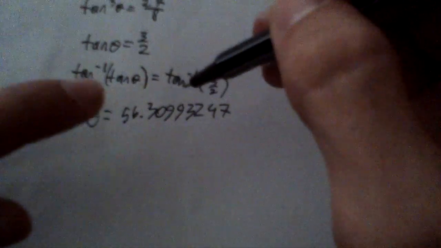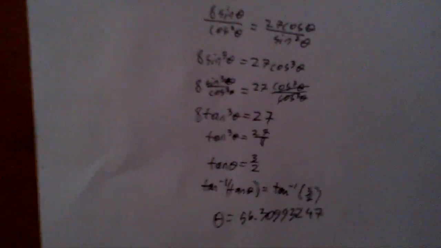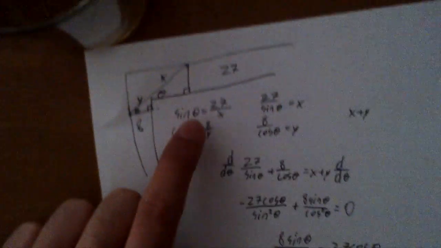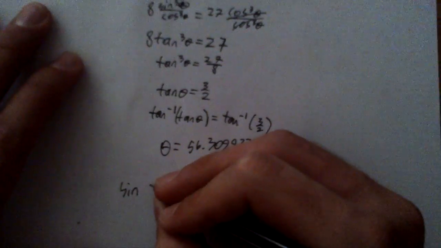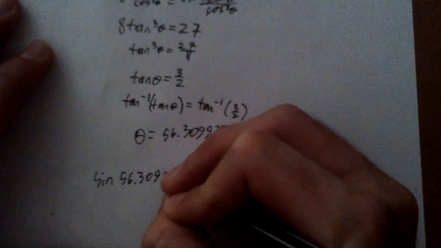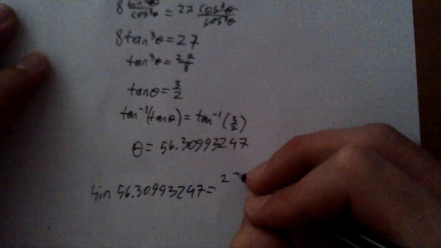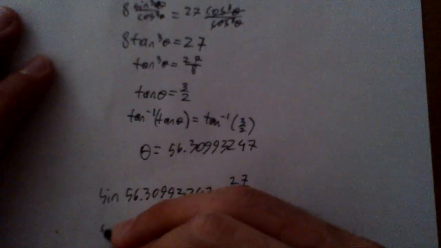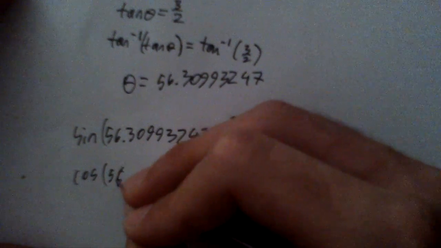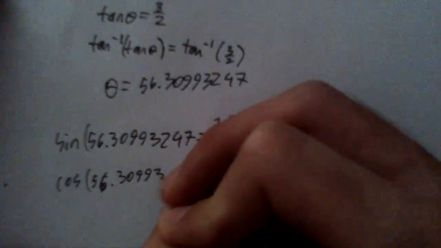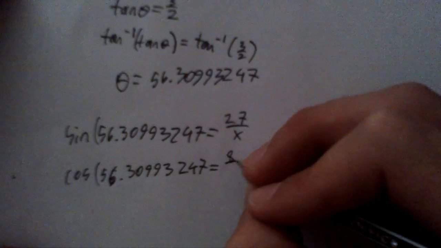So knowing this, I'm going to plug this information back into the thetas up here to get x and y. So therefore, sine of 56.3099324 is equal to 27 over x, and cosine of 56.3099324 is equal to 8 over y.